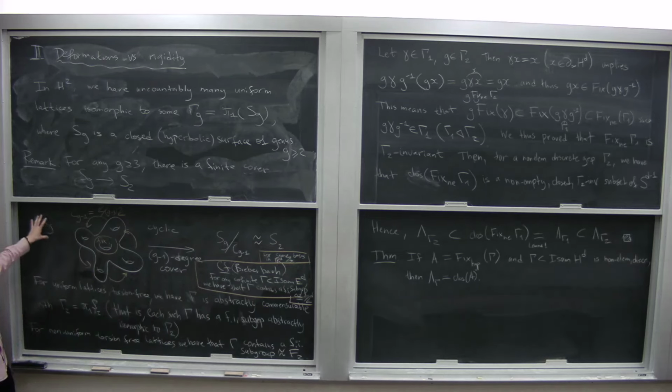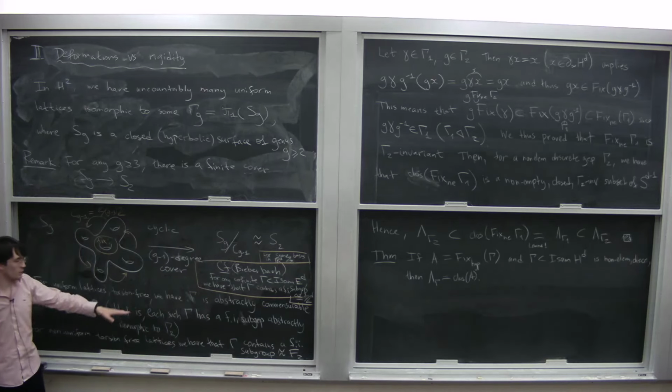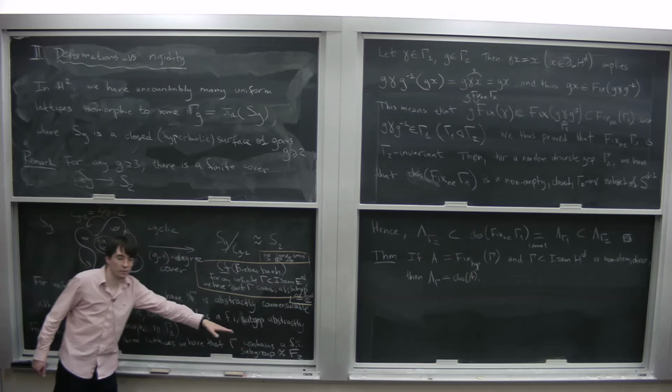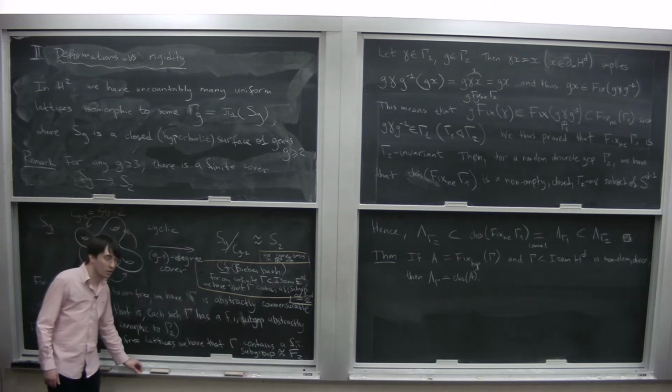But as abstract groups, we have two classes: either the uniform case, and then they all contain a finite index subgroup isomorphic to gamma 2. In the non-uniform case, they contain a finite index subgroup being a free group of rank 2. And that's what we have.